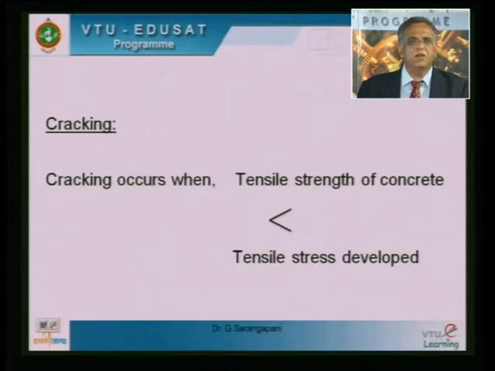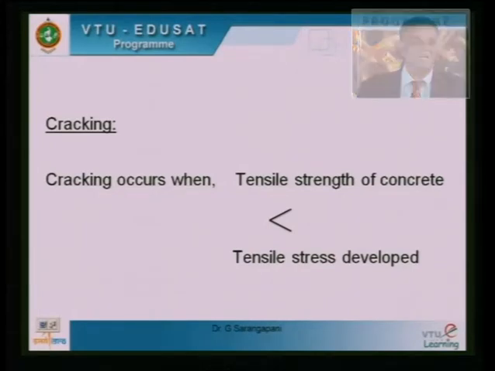All these cracks develop because of several factors like variation or change in temperature, shrinkage, creep, etc. I am going to discuss this in detail in another 2 or 3 minutes. Right now please try to understand why there will be cracking, or when this crack occurs.